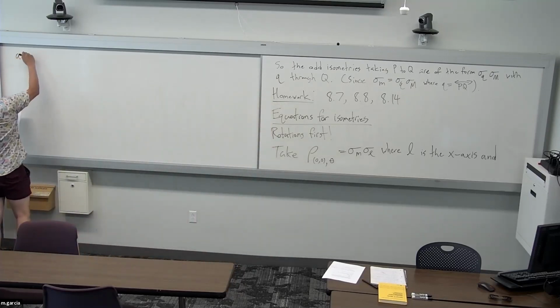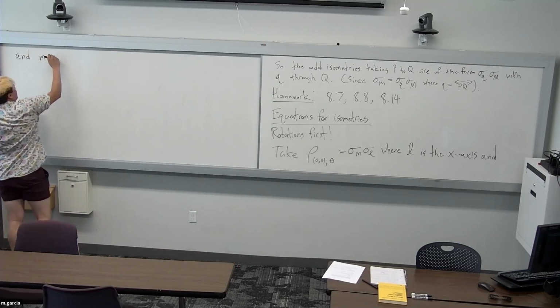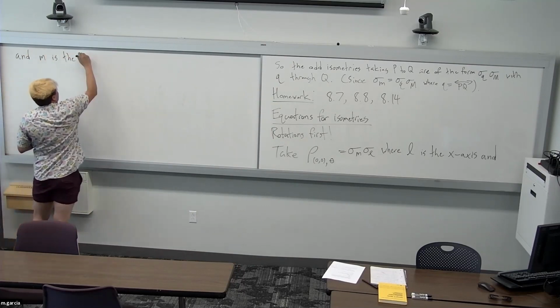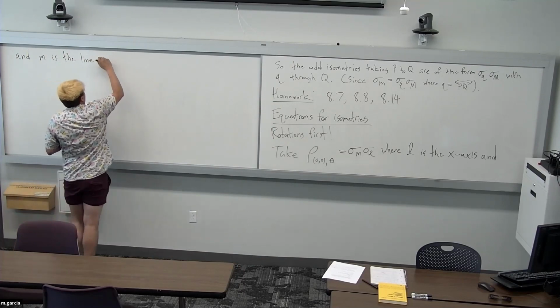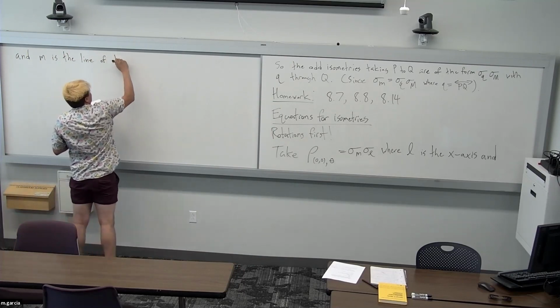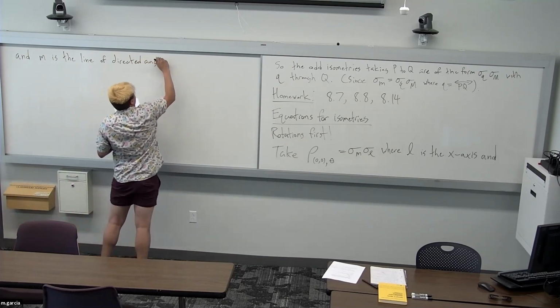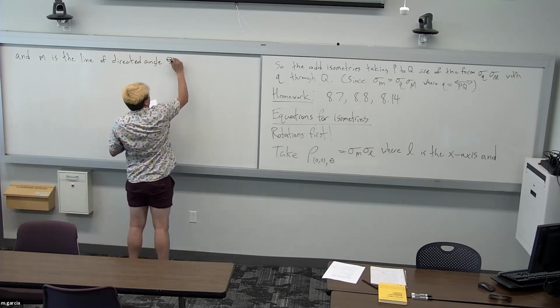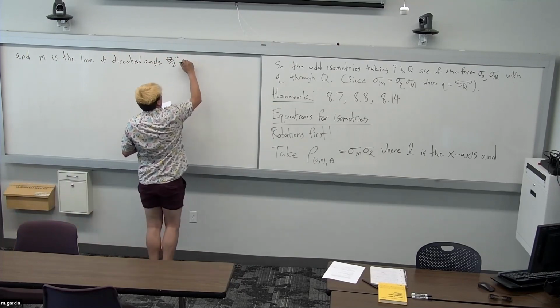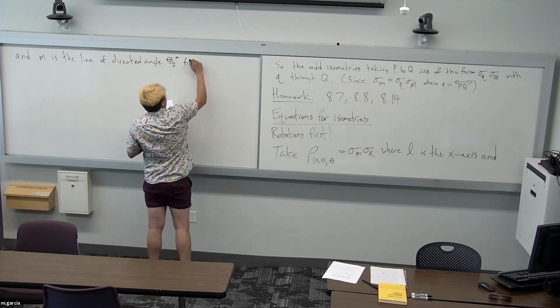Okay, so I'll just write that down: M is the line of directed angle measure theta over 2 degrees from L.